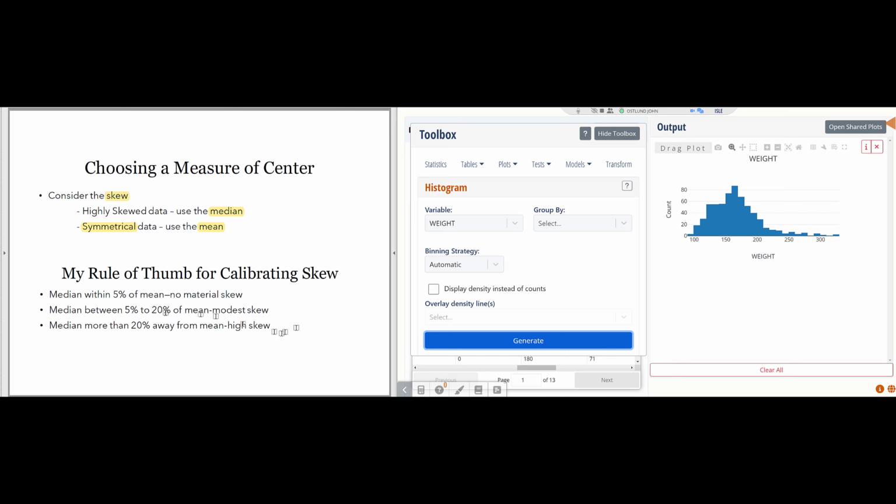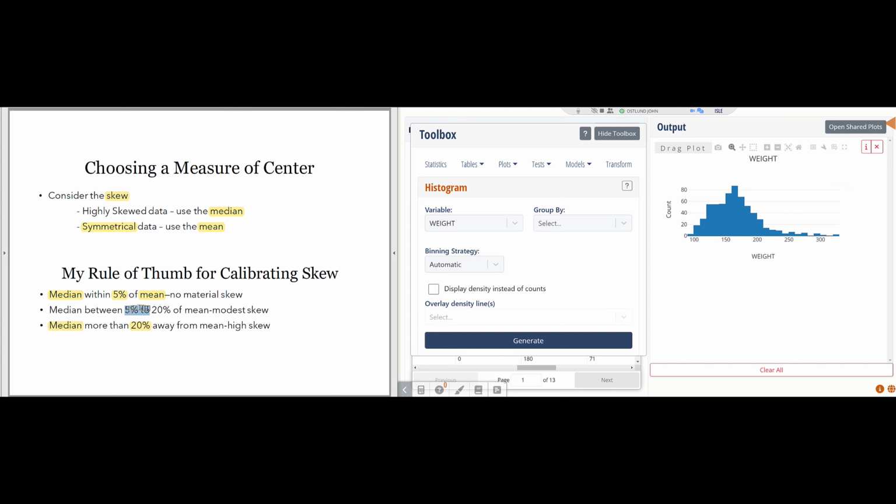How do you decide? Well, you can compute both the median and the mean for any given data set that you're looking at. If the two are pretty close to each other, like within 5% of each other, then you can ignore the skew and go ahead and just use the mean. On the other hand, if the median is, let's say, more than 20% either above or below the mean, then you have what you'd call a highly skewed data set, and you're probably better off using the median as the representation of the center of your data.